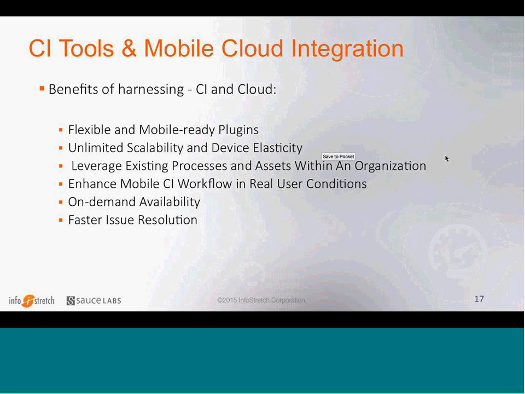Existing infrastructure: whether you are using a specific ALM system or a specific automation architecture, you can leverage those existing services and integrate with the cloud tools. You can test your mobile CI workflow in real user conditions, on real device-like conditions, which simulate the real device conditions in real time.